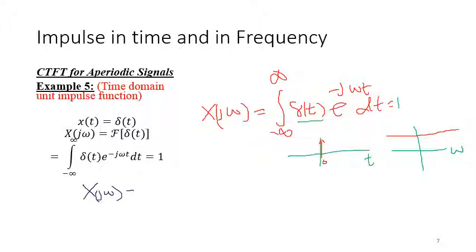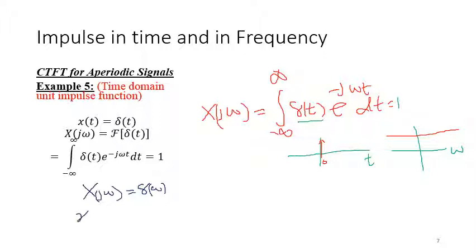And this is equal to impulse of omega, and we have to find its time domain. That means we have impulse in frequency domain, so what will be its time domain signal equal to, right?